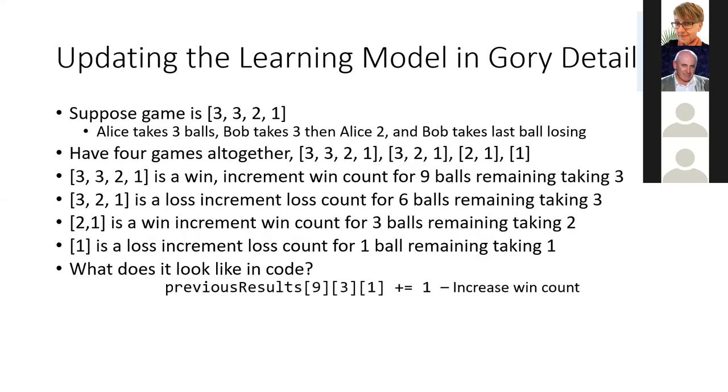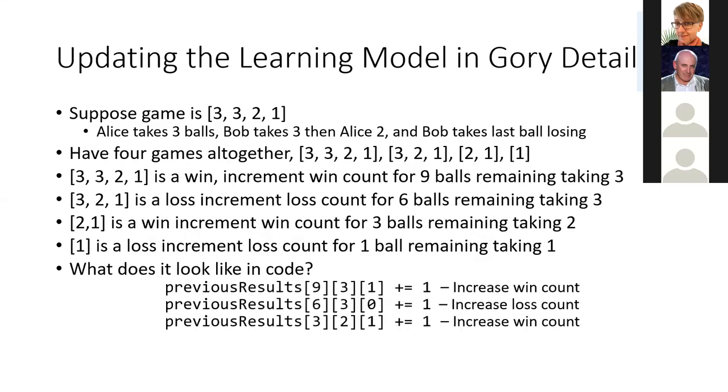And what it looks like in code is very simple. I just have a 3-dimensional array, which is factored along those lines. So the first index is how many balls did I start with. The second index is how many balls did I take in that situation. And the third index tells you, am I looking at the wins or the losses?